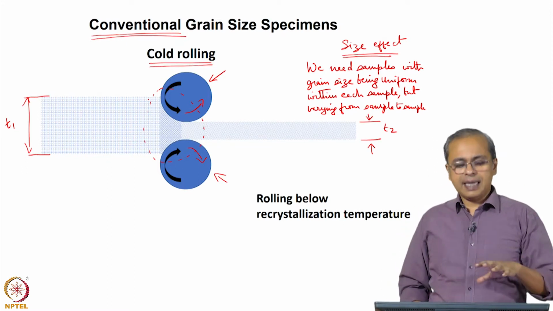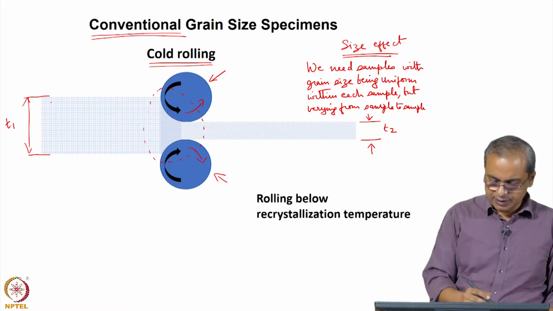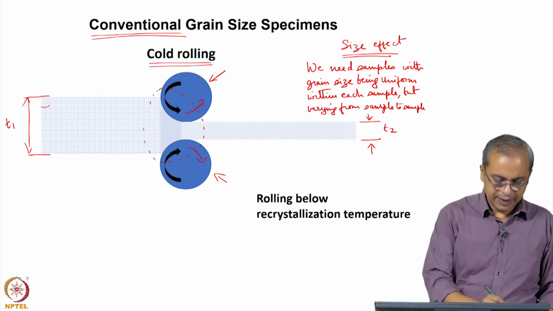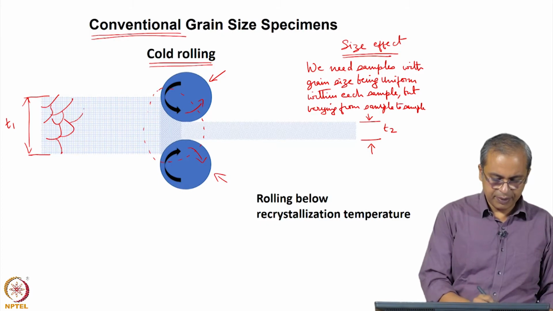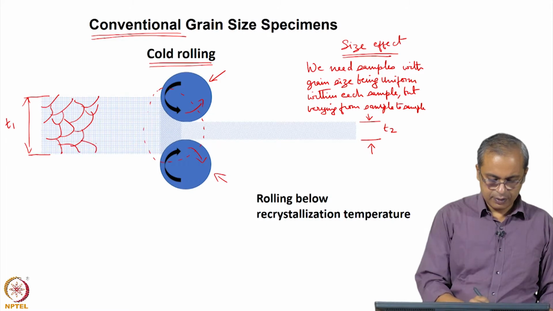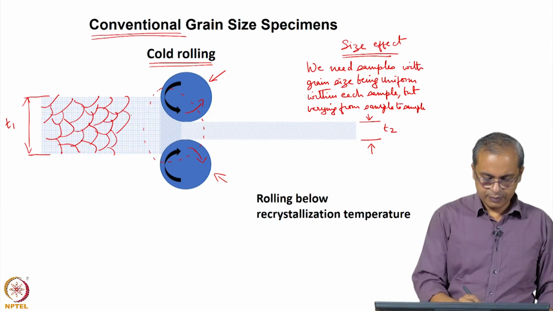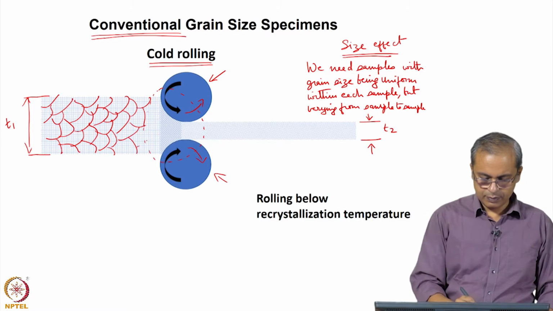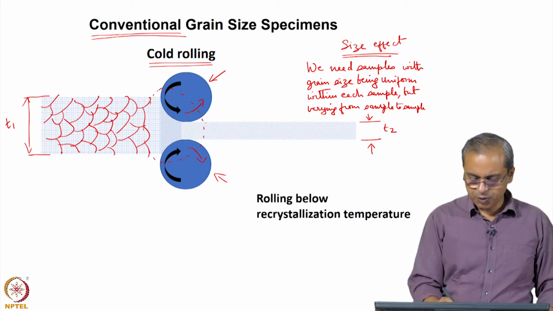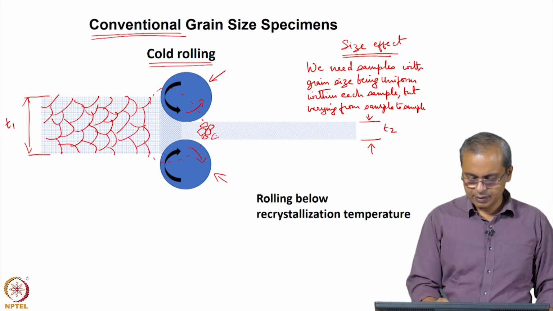Now, generally when this happens, what is coming in here, I have just put some schematic here, but this may be some large grain sized material. So, grains may be like that. And here you may have some small grain sized, distinctly smaller grain size.